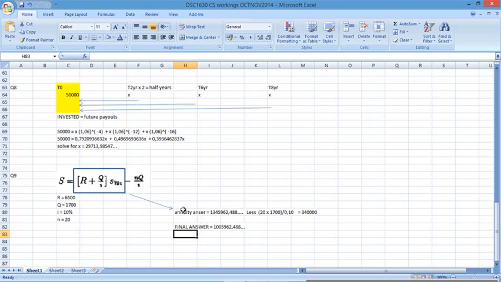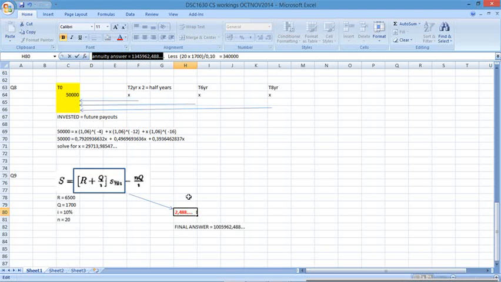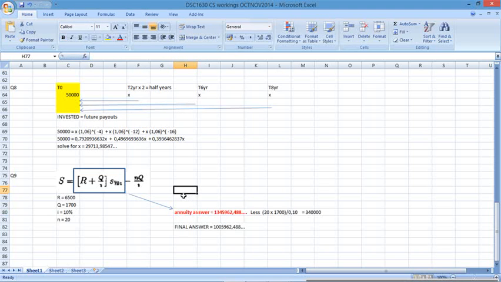Remember, I'm getting the annuity answer first by plugging in that information. So the annuity comes from a payment of brackets the 6.5 plus the 1700 divided by the 0.10, close bracket.